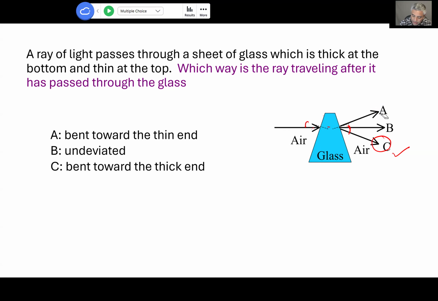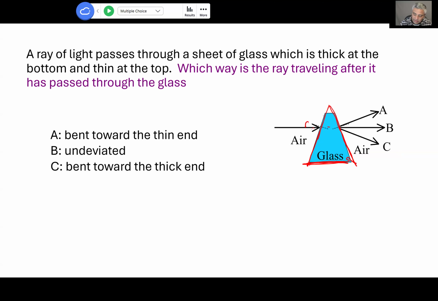Another thing I'd like to point out is this prism. This is one face of the prism, this is another face of the prism, and this is the bottom of the prism, let's say, sitting there. Usually it's symmetric, so you can flip it over and put it on any surface.